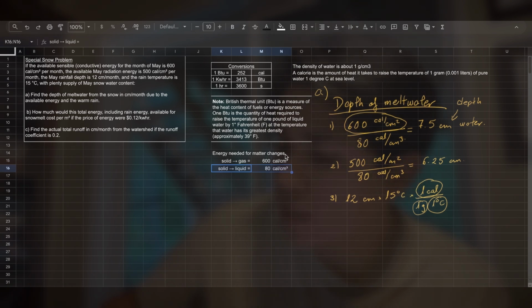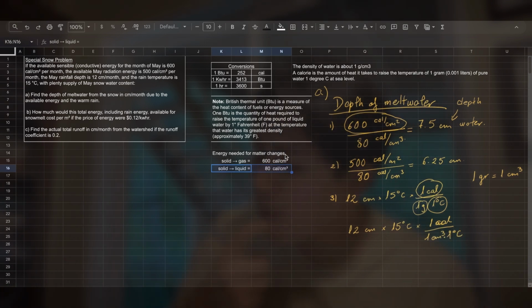And 1 gram equals 1 cubic centimeter. So we can do 12 centimeters times 15 degrees Celsius times 1 calorie per 1 cubic centimeter per 1 degree Celsius.